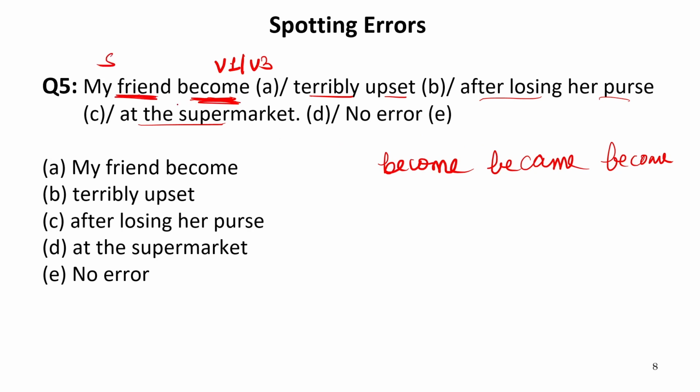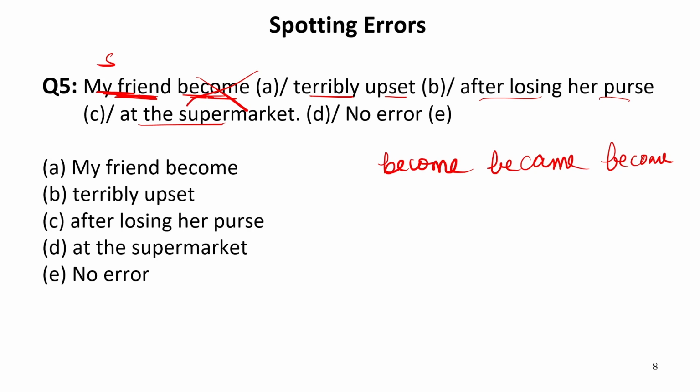If it had been the first form of the verb, it should be becomes, because this is my friend, which is a singular subject. And if it is the verb third form, we should have is or has or had over here. Then the sentence would have been correct. Now, both of these are absent. It means the use of this verb over here, become, is incorrect. It should be replaced with became. My friend became terribly upset after losing her purse at the supermarket.